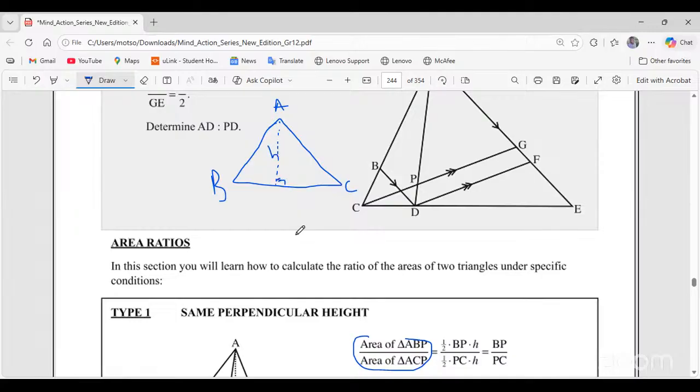And this height in this triangle is H. And I'm requested to find the area of this triangle.